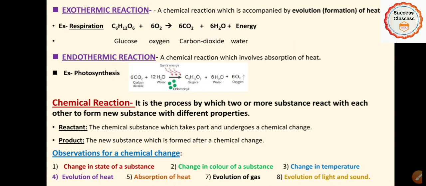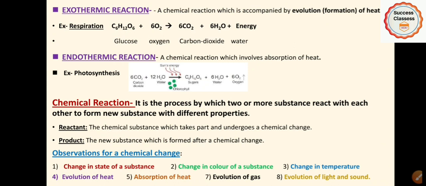First, let us look at exothermic reactions. An exothermic reaction is a chemical reaction which is accompanied by the evolution or formation of heat. All those reactions which occur with the evolution of heat are called exothermic reactions. One example is respiration.